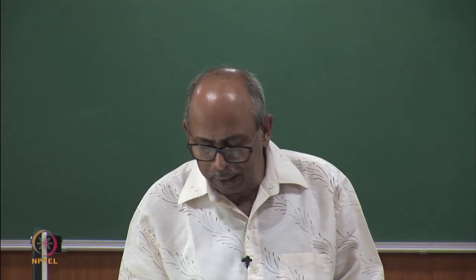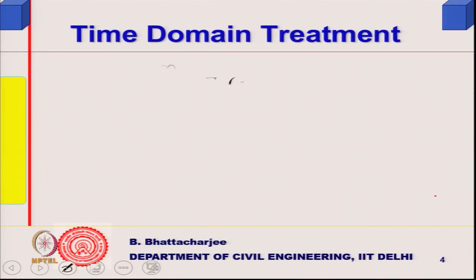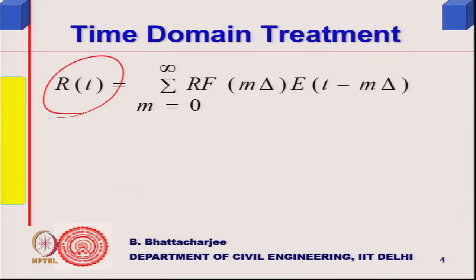So, time domain treatment is done in this manner: temperature or flux, unit change in rectangular excitation, heat flux to unit response function that is known to us, and then any response for a temperature will be the sum for m equals 0 to infinity.